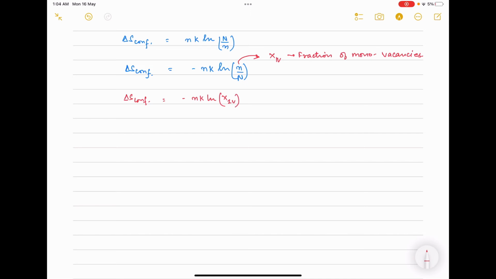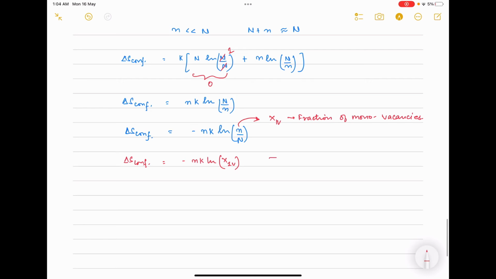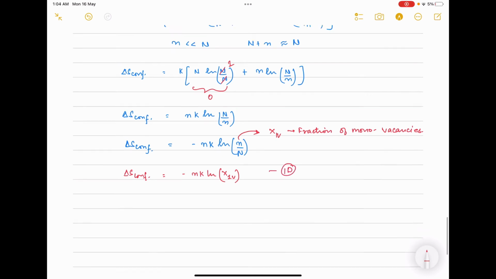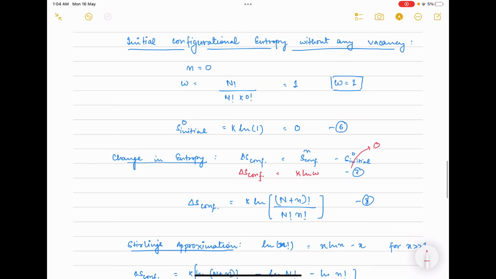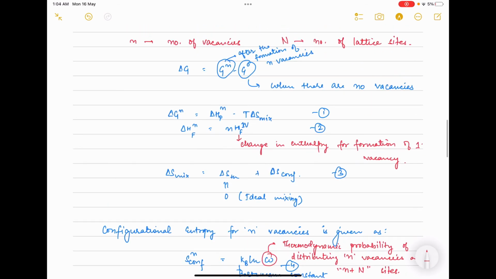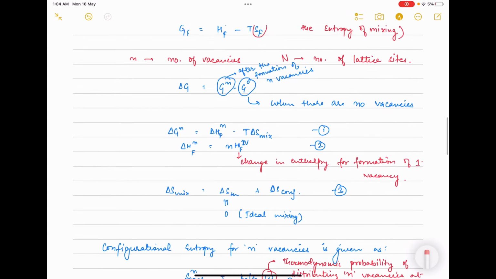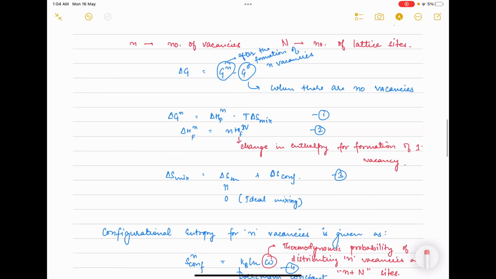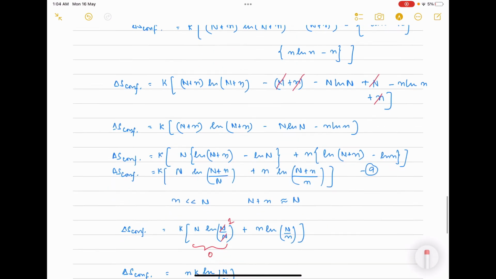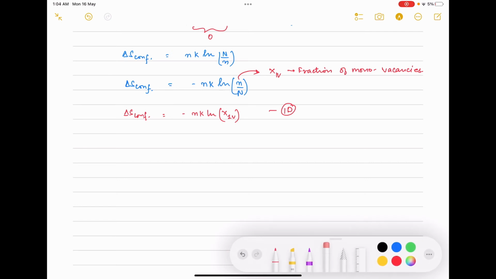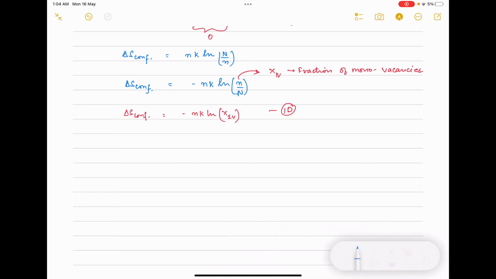Okay, now let us put this value that we have got in equation 10 in equation 1 and 2. So the equation was delta G is equal to n delta H F1v minus T delta S configurational.